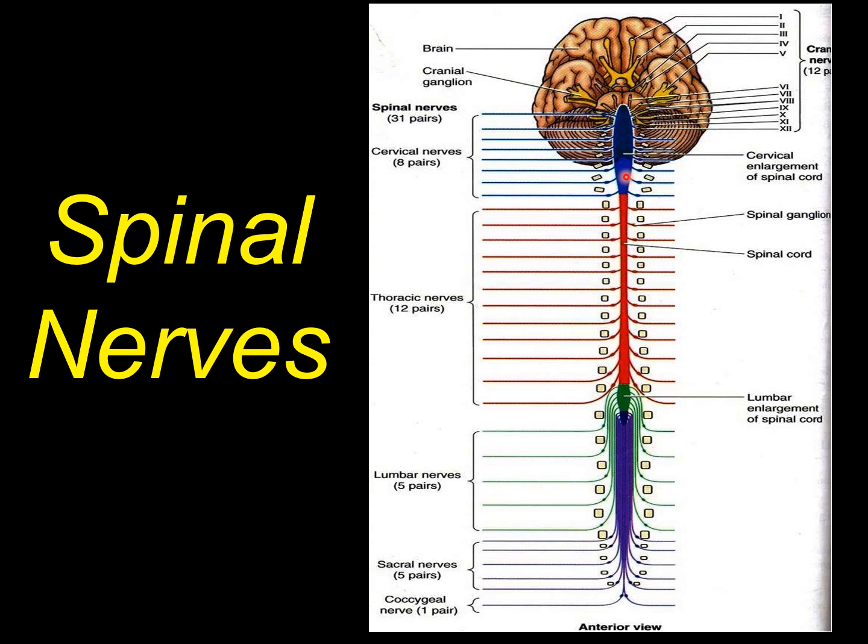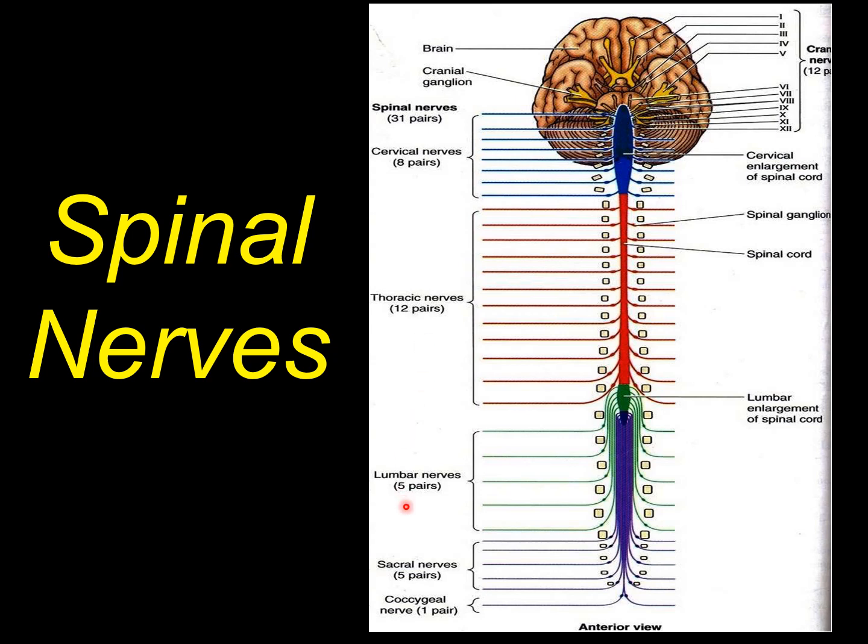Before we move to the next slide, there are a total of 31 pairs of spinal nerves, and they are named according to the regions they are present in. We have 8 cervical nerves, present in the neck region, so they are named cervical nerves. There are 8 pairs. There are 12 pairs of thoracic nerves because these nerves emerge at the level of the thorax.